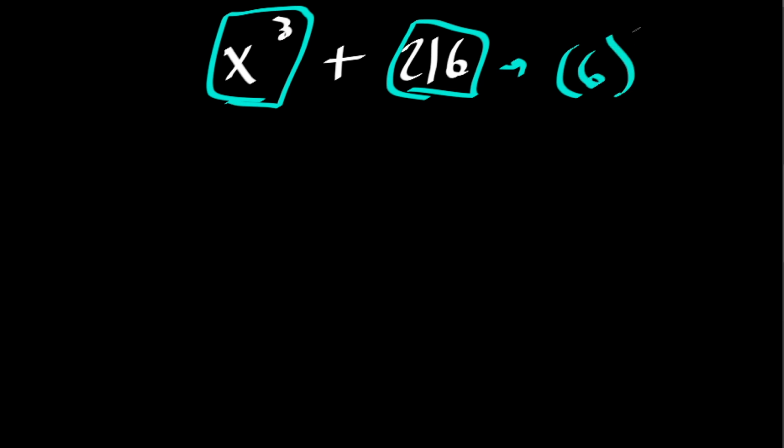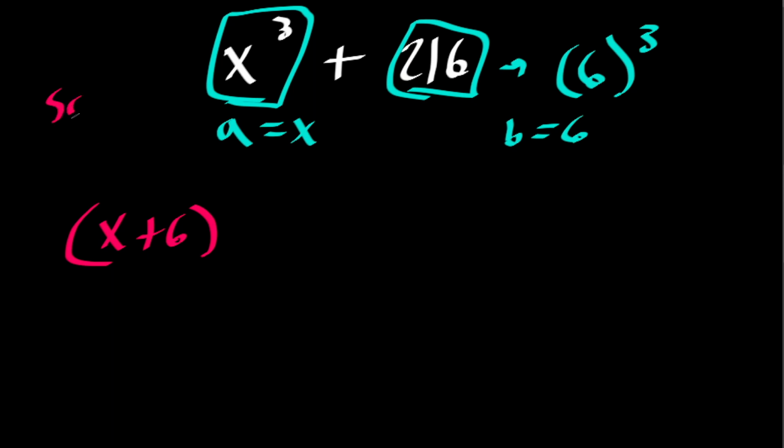Which is 6. So in this case, a is going to be x and b is going to be 6. Then we factor out our formula, which would be x plus 6, because when we're doing SOAP, we write a plus sign first since we keep the sign the same.